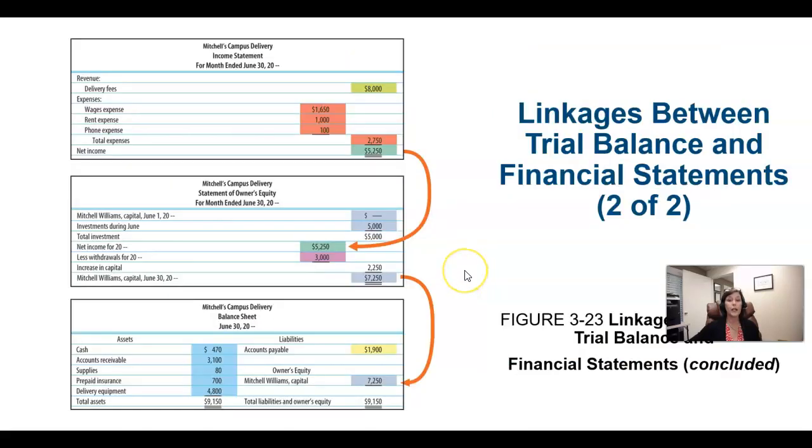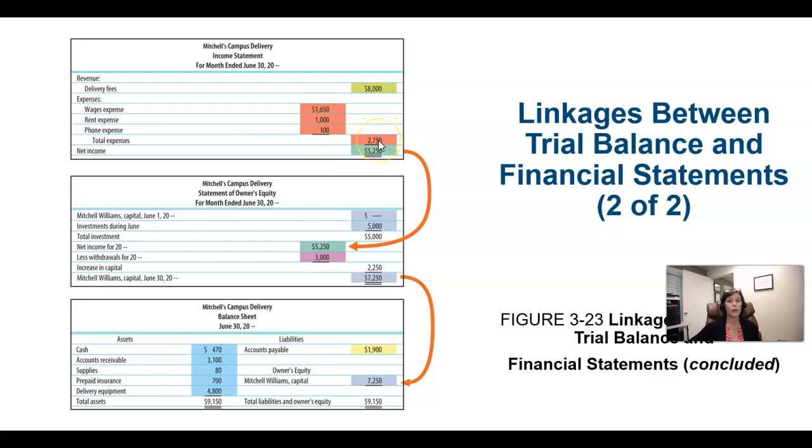Now, the first statement we're going to prepare is our income statement. That has our revenue and all of our expenses. We begin with listing our revenue, and then we itemize our expenses, and we then will tally the expenses up and put those right under the revenue column.